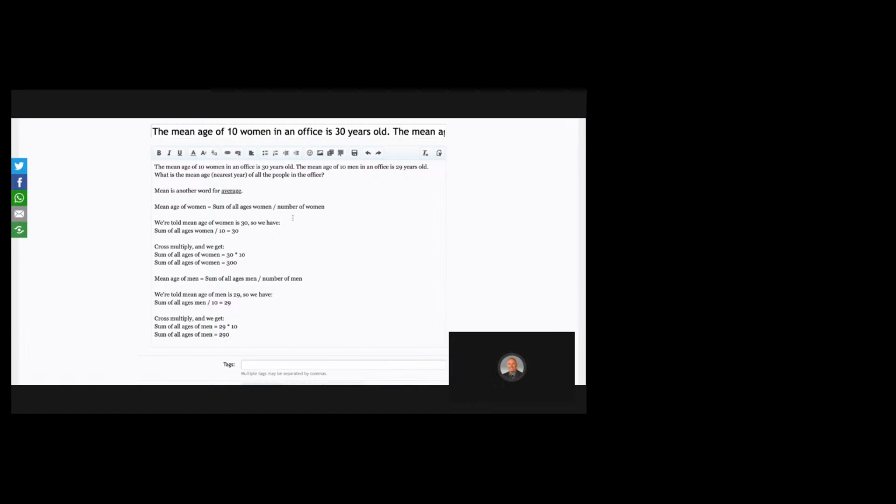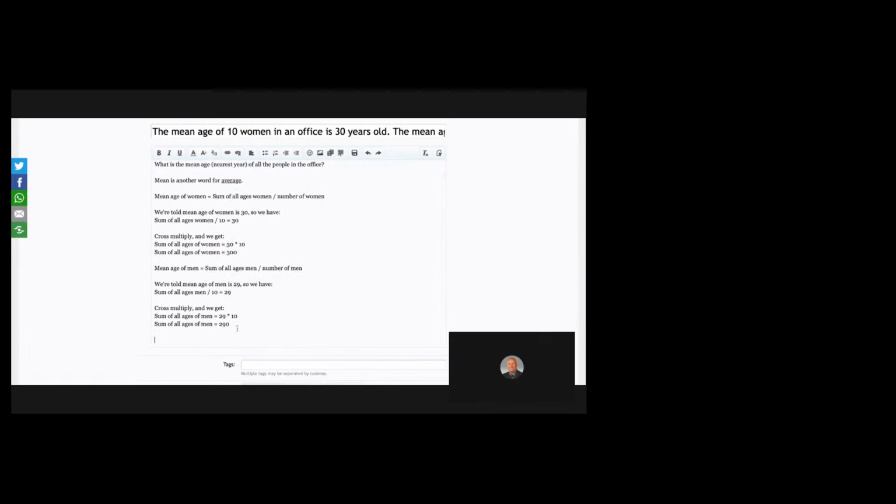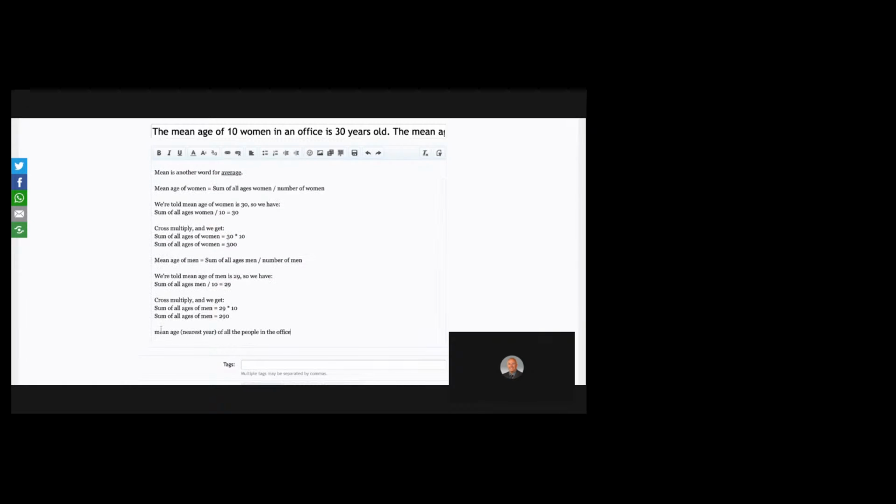Now the question asks, what is the mean age of all the people in the office? Okay, so calculate mean age. All right, let's underline that.